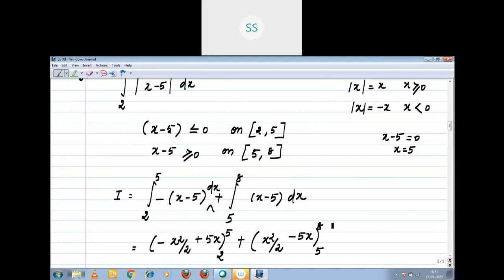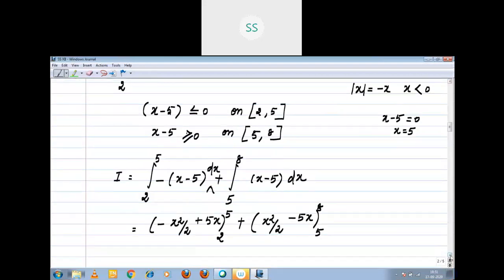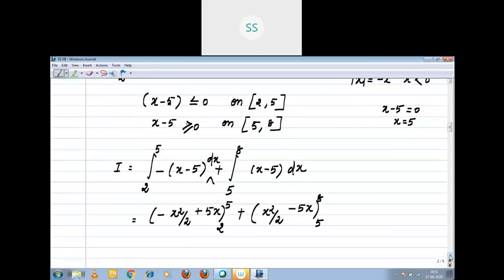Minus x square by 2 plus 5x with limit 2 to 5, plus x square by 2 minus 5x with limit 5 to 8. You have to be very careful children. When you integrate the absolute function, you have to be very careful while breaking the limit, right?